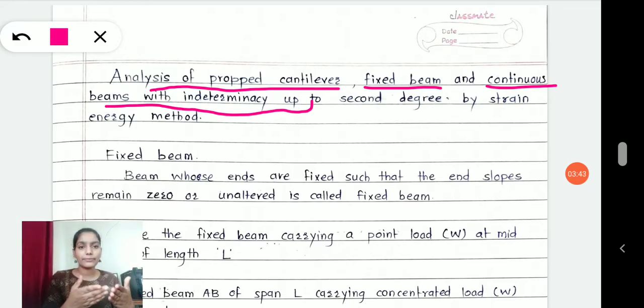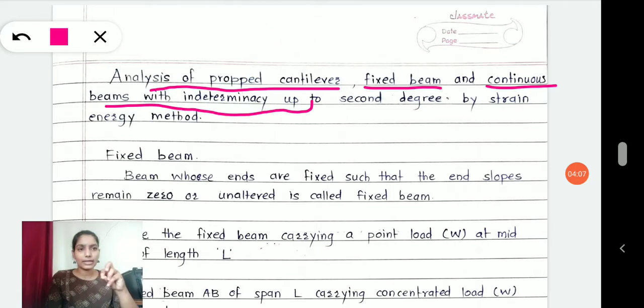So we will solve up to the second degree. In your study you just need to understand the concept behind it: what indeterminacy is, how it is introduced into your structure, and if it is there, how to approach and solve such problems. That is the major objective of introducing this concept into your syllabus.